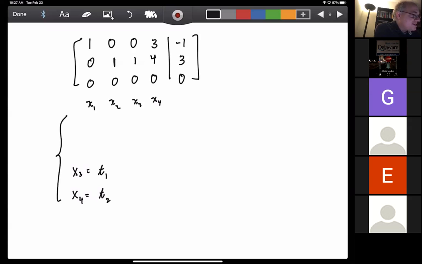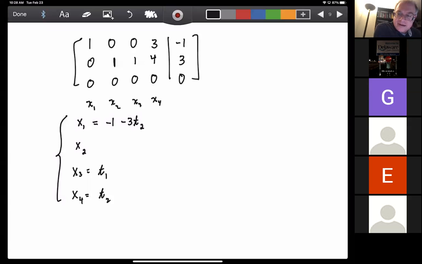How would you express your solution for x1 and x2? So let's do x1 first. That top row is telling you x1 plus 3x4 is equal to -1. So I just want to manipulate that to solve for x1. So x1 is -1 minus 3 times x4, so -3, and let's call it t2.